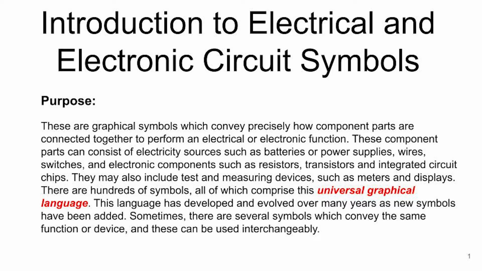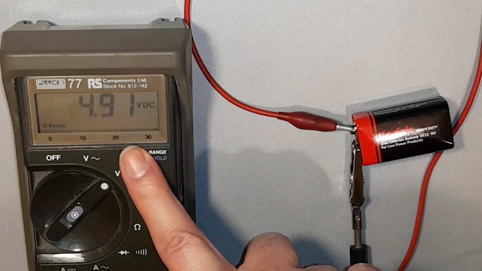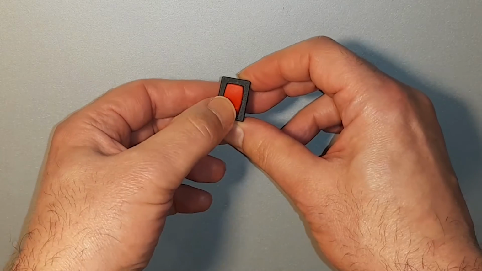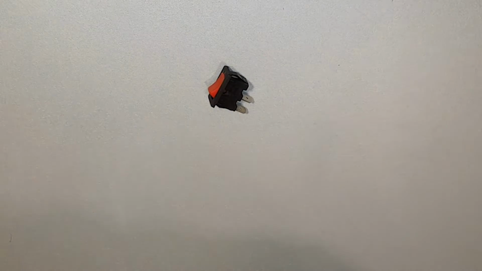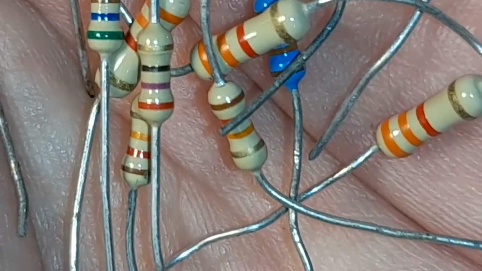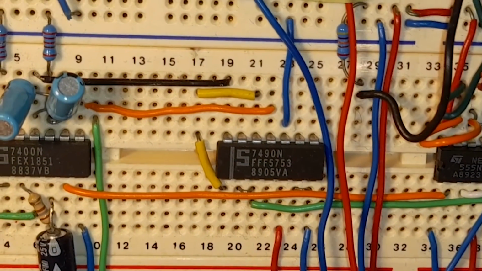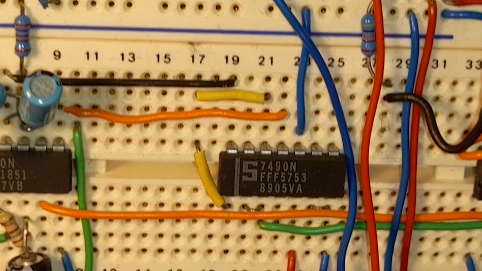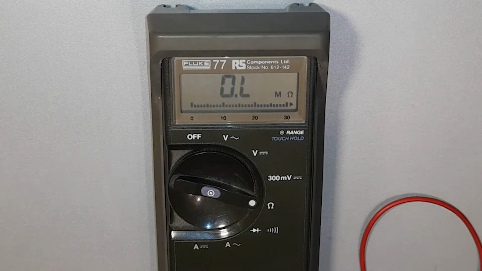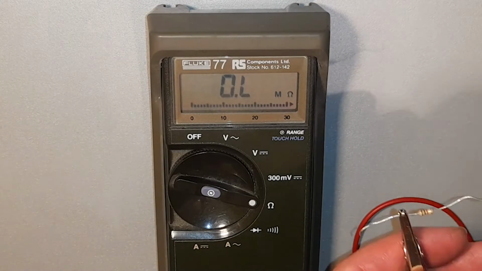These component parts can consist of electricity sources, such as batteries or power supplies, wires, switches, and electronic components, such as resistors, transistors, and integrated circuit chips. These may also include test and measuring devices, such as meters and displays.